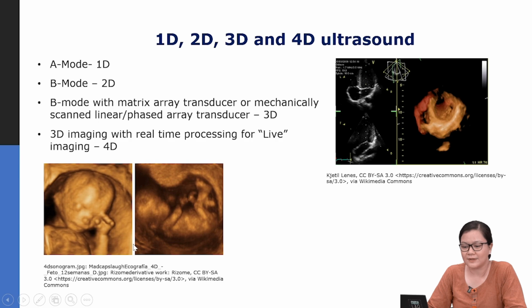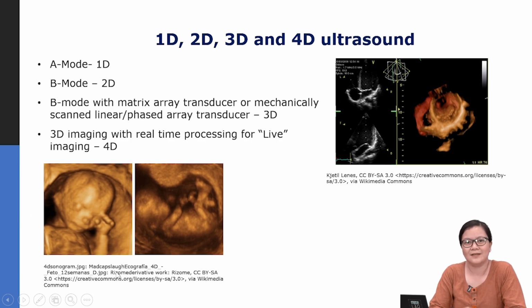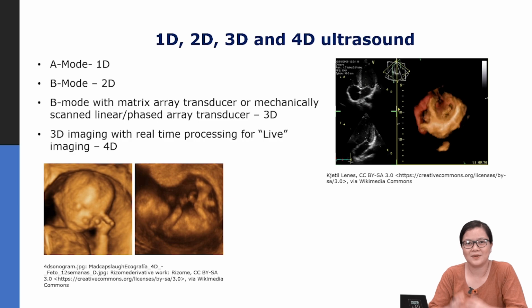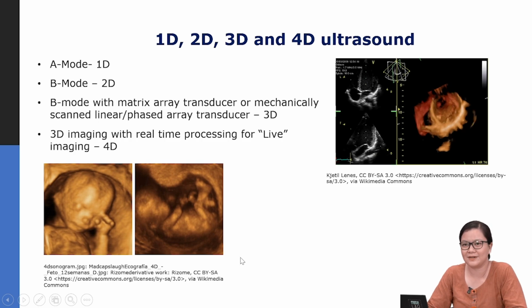So on the bottom image here, I show a nice 3D ultrasound image of a baby. Now this kind of procedure is typically used nowadays because the parents would always want to see what their baby's face would look like. But we'll talk about later some safety considerations of this type of imaging technique. Also here on the right, I show some B-mode ultrasound images of different cross-sections of the heart.